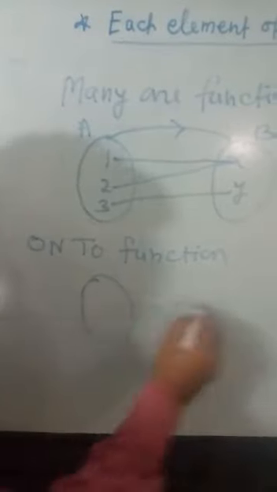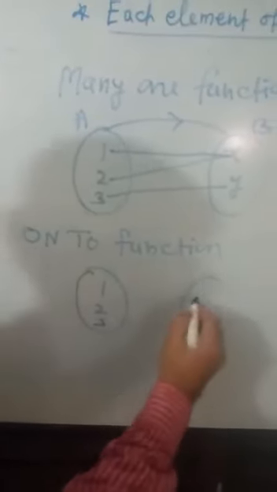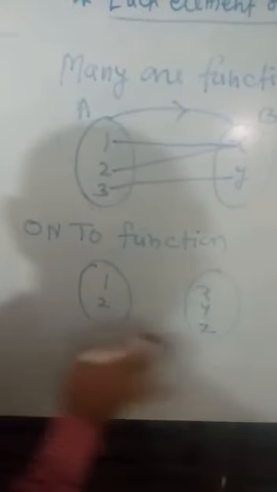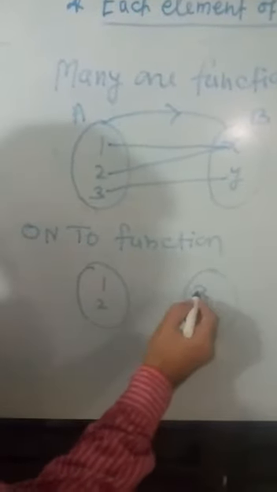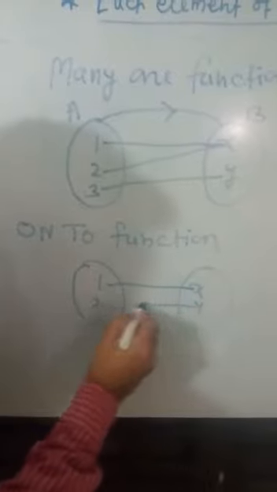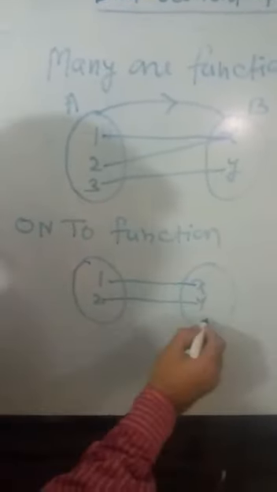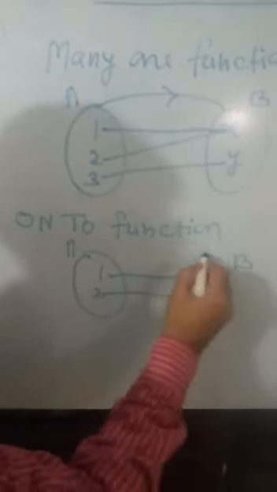That means 1, 2, 3 and x, y, z. x has one of the preimages, y has one of the preimages. No element of set B is without a preimage.